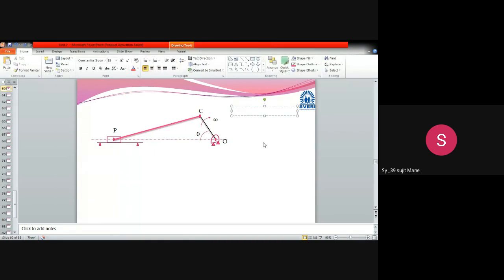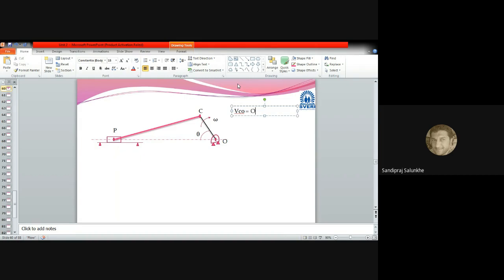First, we have to calculate the velocity of C with respect to O, right? That is calculated by V is equal to OC into omega.